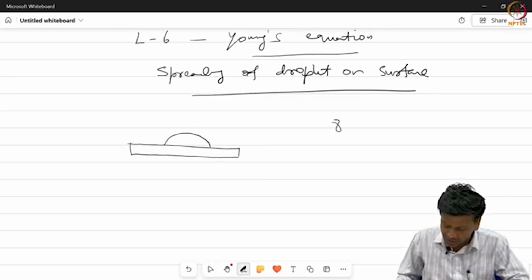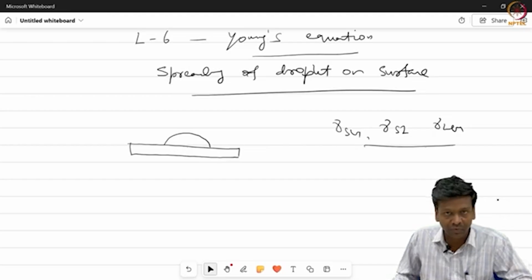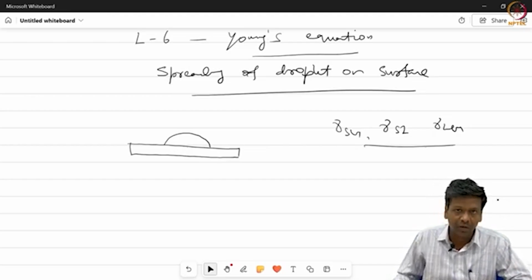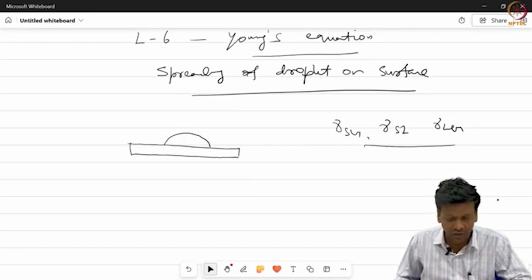For example, gamma Sg, which is associated with the surface and the gas phase it is exposed to, and gamma Sl and gamma Lg, right? So these three competitive surface energies will dictate the contact angle of a given liquid.